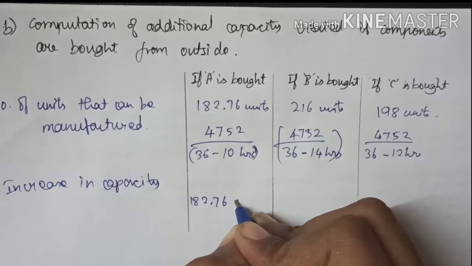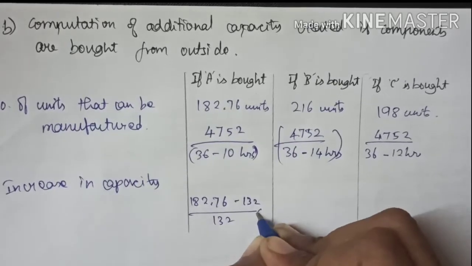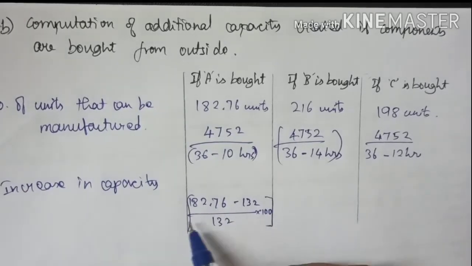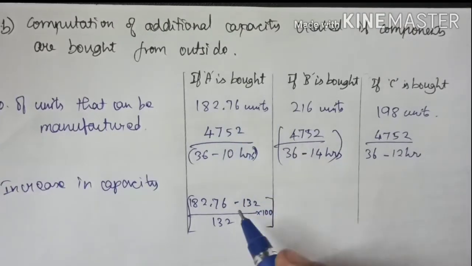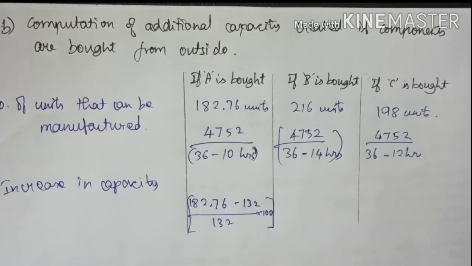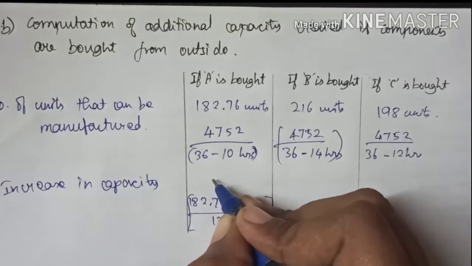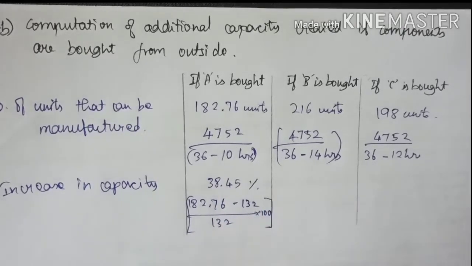Next one, increase in capacity. 182.76 minus 132 divided by 132 into 100. 182.76 is the number of units we calculated here, minus 132, which we have calculated before in the first question, divided by 132 into, for calculating the percentage you put 100 here, gives 38.45%.